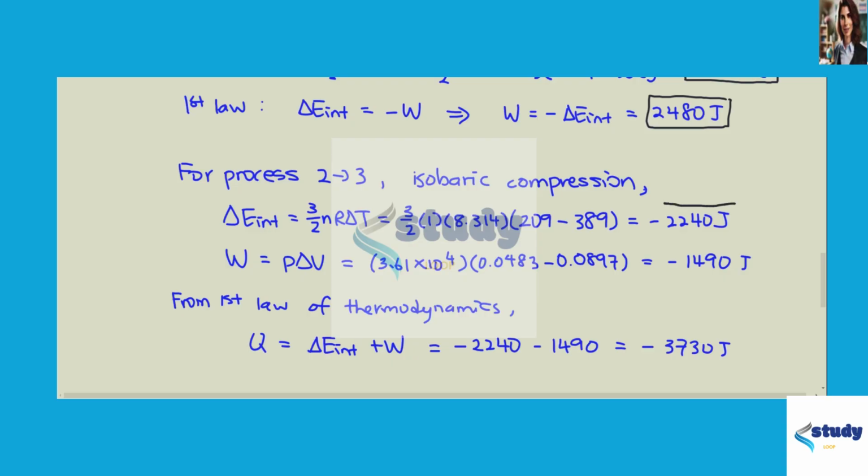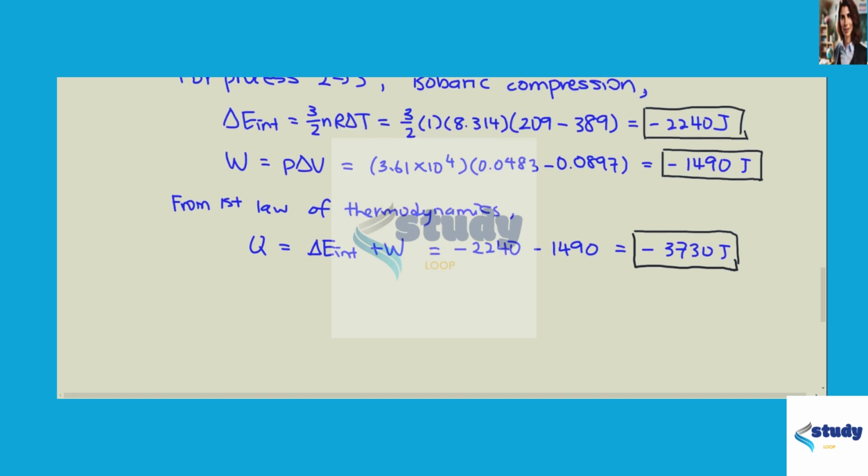So this is the delta E internal, this is the W, the work done by gas, and this is the Q. One thing to note is that if you are given the initial and final temperatures, you can always calculate the delta E internal first.